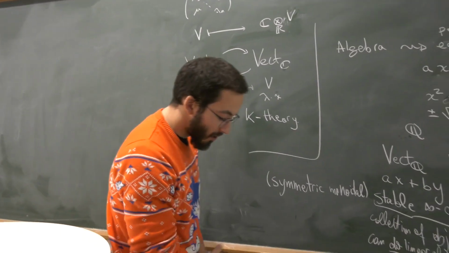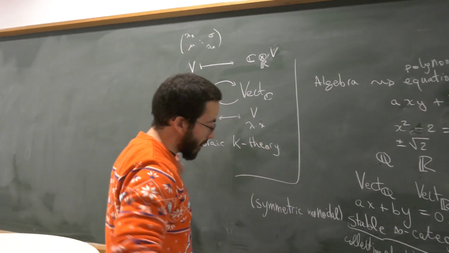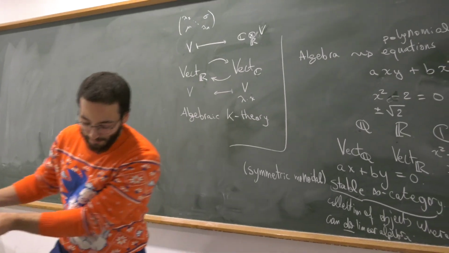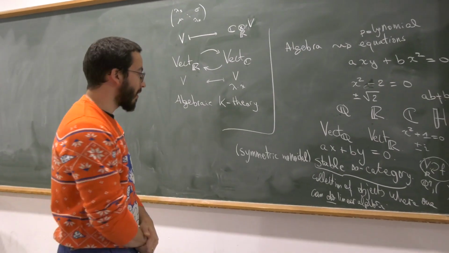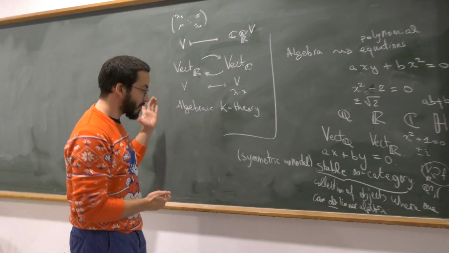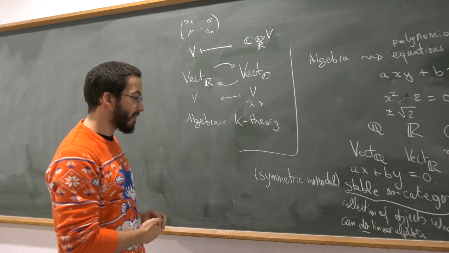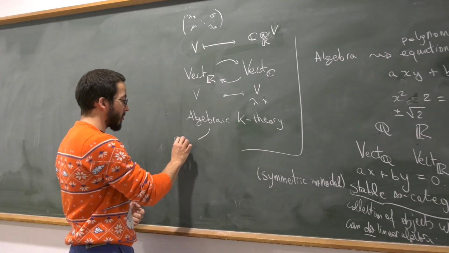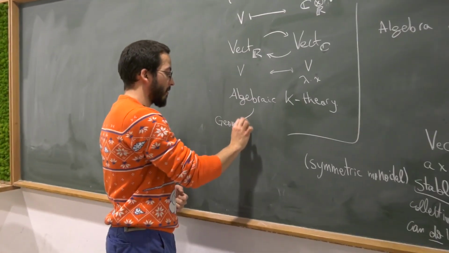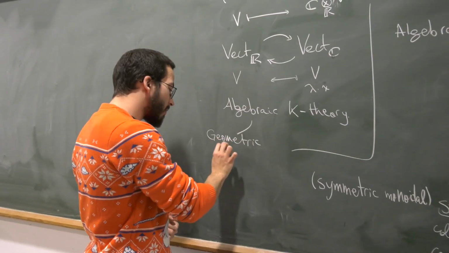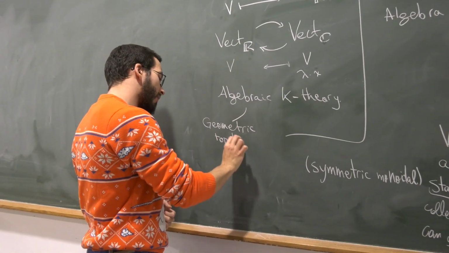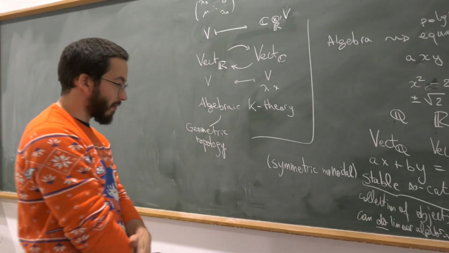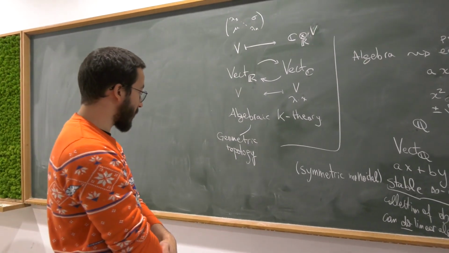And one remarkable thing about this is that it's a super abstract thing that has to do with these super abstract stable infinity categories, which are all very complicated words. But this has connections to a lot of various fields of mathematics. In particular, it has really surprising connections to a field called geometric topology, which is one of the reasons, but not the only reason, why this field of research was, for a very long time, associated with algebraic topology.